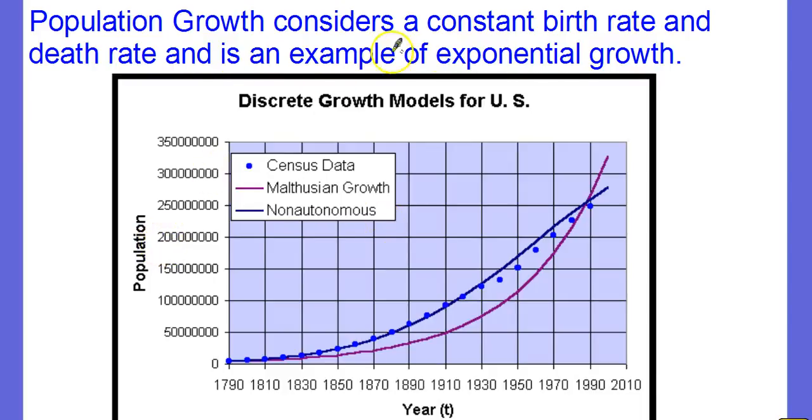Now, what we have to consider when we're doing these problems is how do we figure out how much a population is growing per year? So we have to keep in mind that we have to take the birth rate and the death rate into consideration, right? Every year a certain amount of babies are born, but there are also a certain amount of people who die, and you have to take that into your calculations to figure out how much the population is growing.